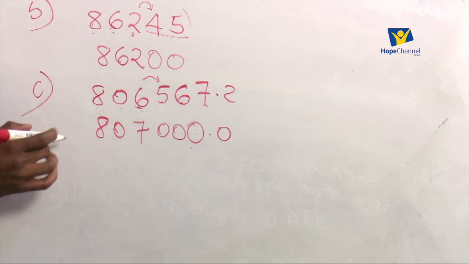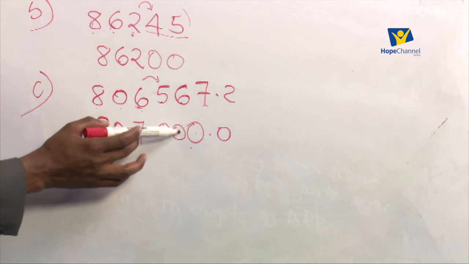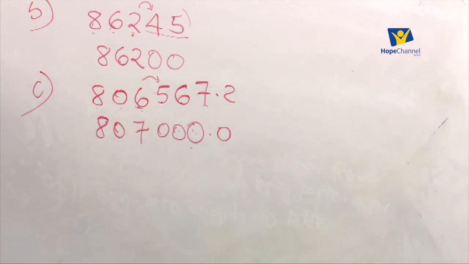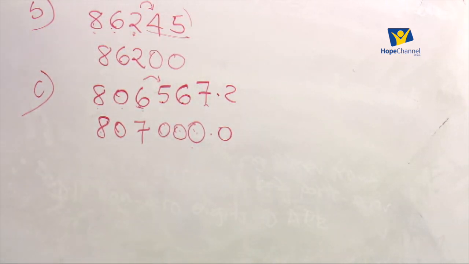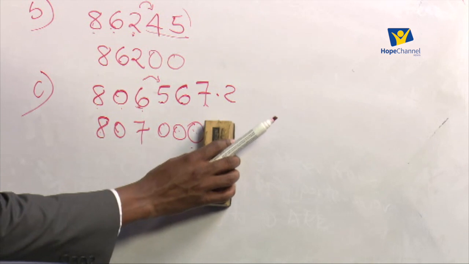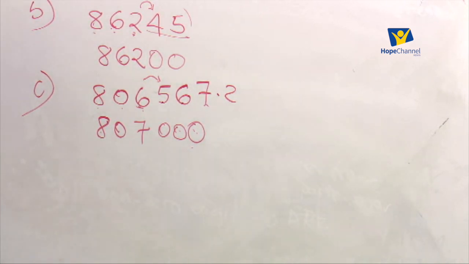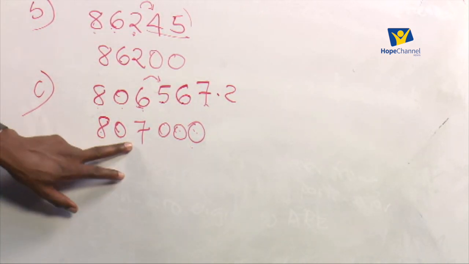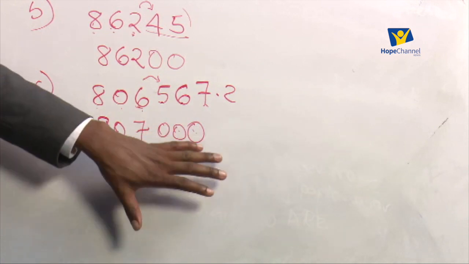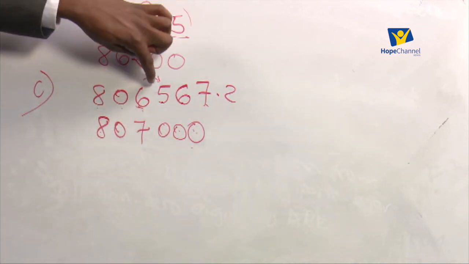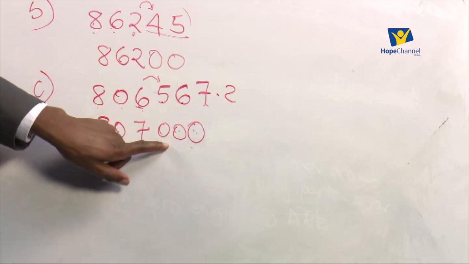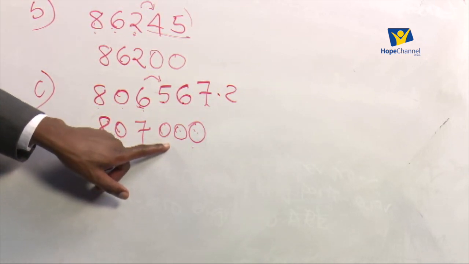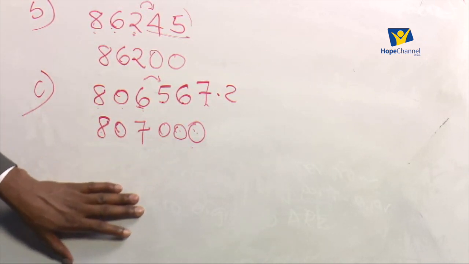The whole number becomes written to 7 significant figures and not 3 significant figures. If I wanted only 3, after the decimal point I do not write anything. So I have 807,000. Then I keep the 3 zeros to stand in for 5, 6, and 7. So they are just place value holders but not significant in themselves.